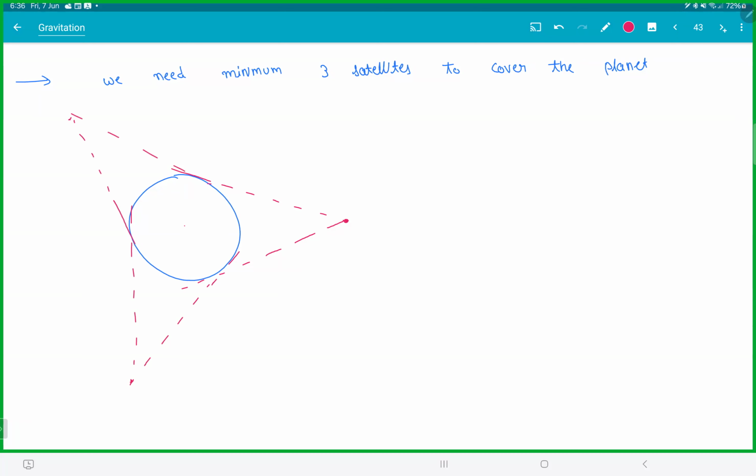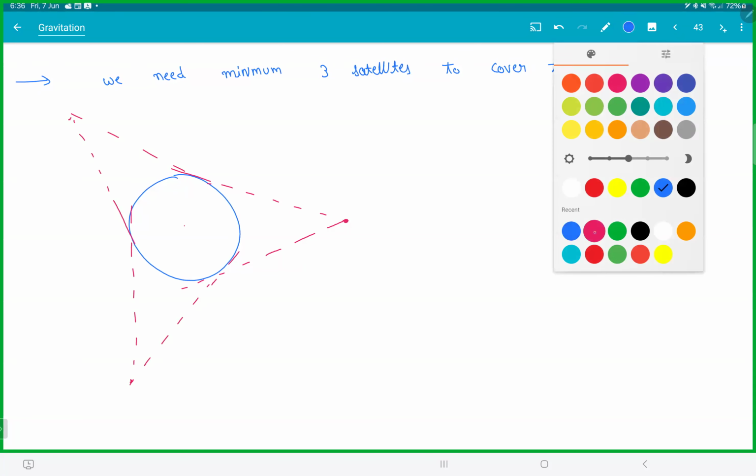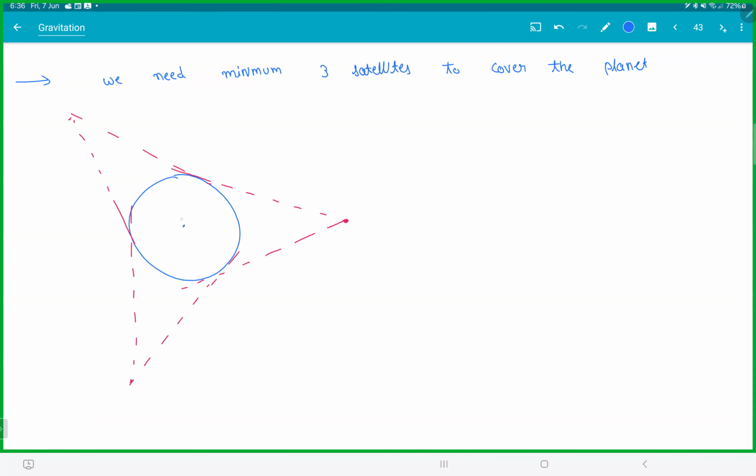Something like this. We need at least 3 satellites to cover this. But there is a catch. If you think about it, this will cover exactly 120 degrees each, isn't it? Each one is covering 120, 120, 120.